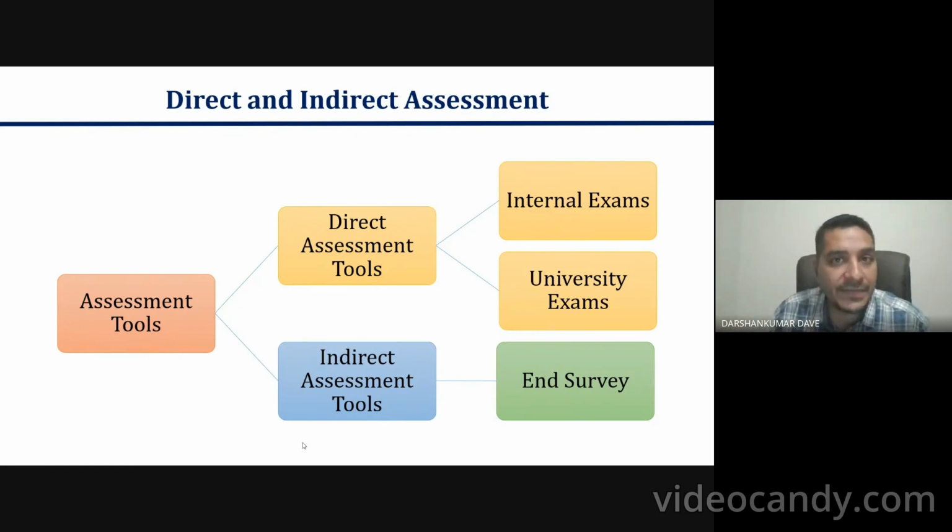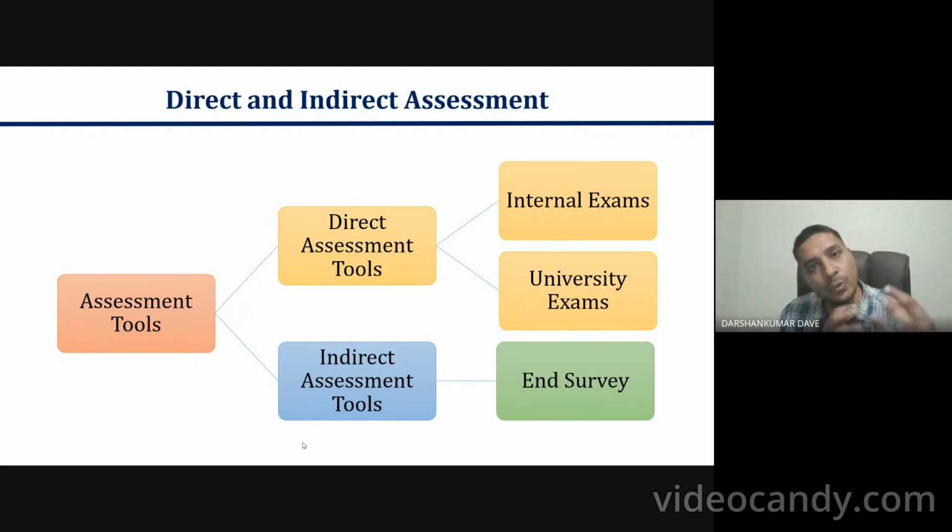There are several universities which utilize both methods, direct assessment and indirect assessment, in both course CO attainment as well as PO attainment. And there are universities which use only direct assessment in course outcome attainment, but they do not use indirect assessment tools as far as courses are concerned. Right?